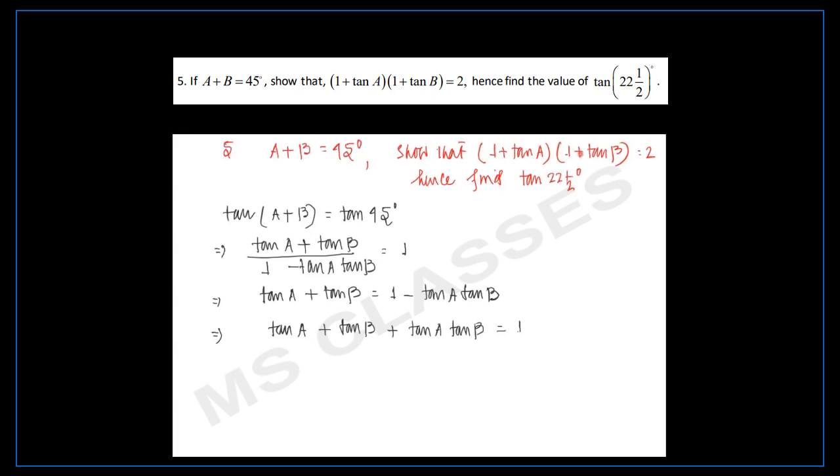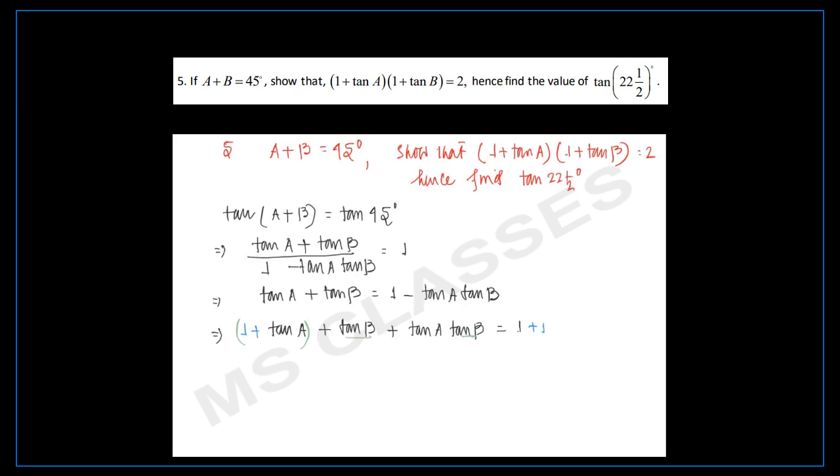Now we need this expression. If we open the bracket, it is 1 into 1, which is 1, and that is missing here. 1 into tan B, tan A into 1, tan A tan B is present. So we just need to add 1 for the required expression. Now here what do we get? 1 plus tan A, and next we can take tan B common.